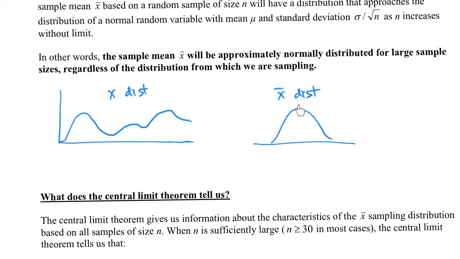So then we can use all of our Chapter 6 tools that we learned and many more on this, and then infer back to the X distribution. So the central limit theorem is really huge. It allows us to study these weird or unknown distributions and get a lot of information about them by studying the sampling distribution that comes from them.